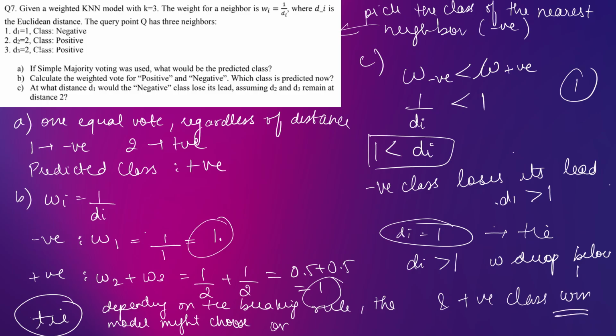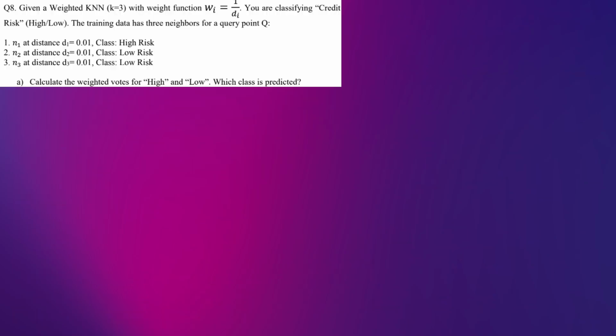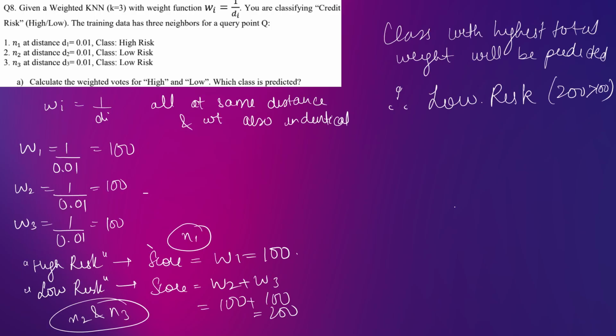This was an easier question than the earlier questions because it is based on the KNN model. So let's move on to the next question. Now this is a similar type of question, where we are given the equal distances.